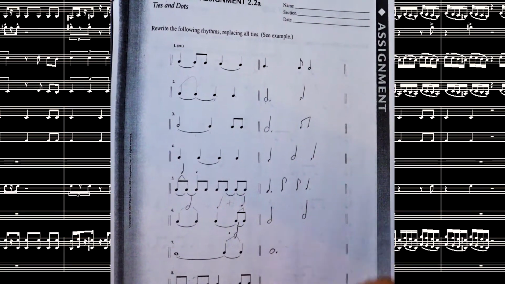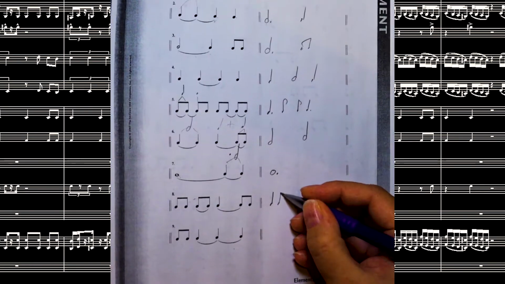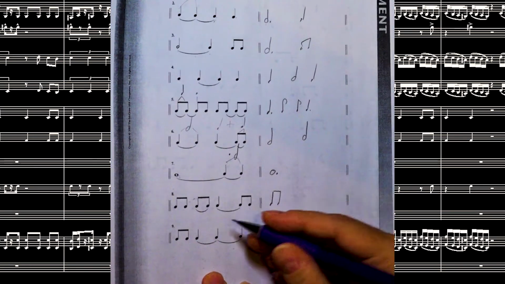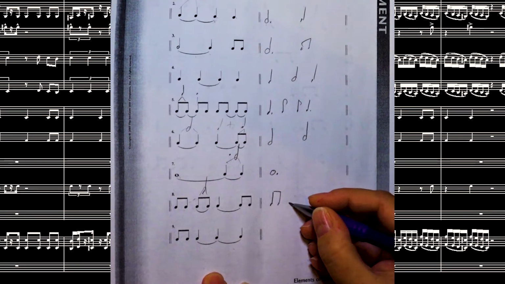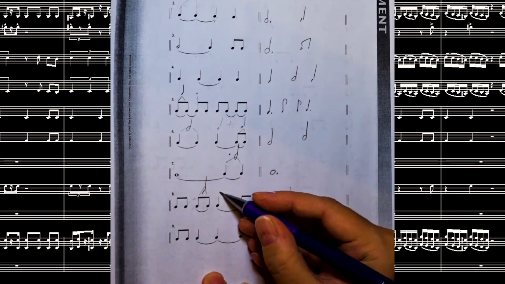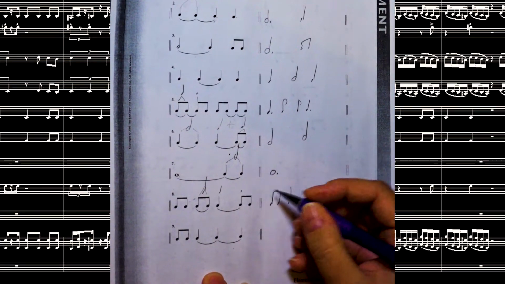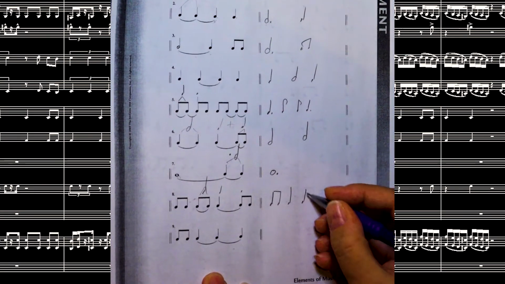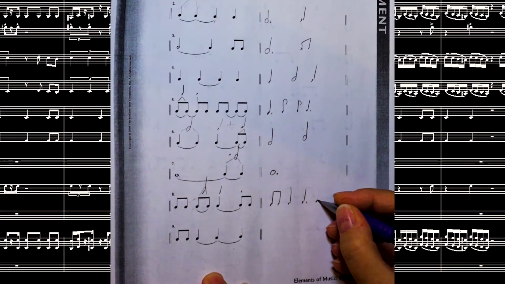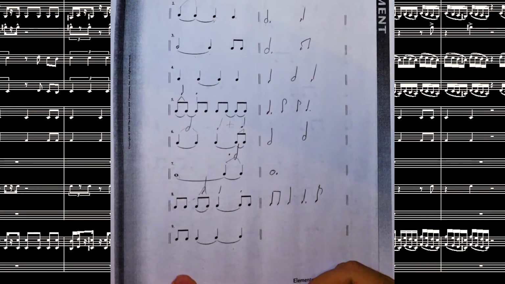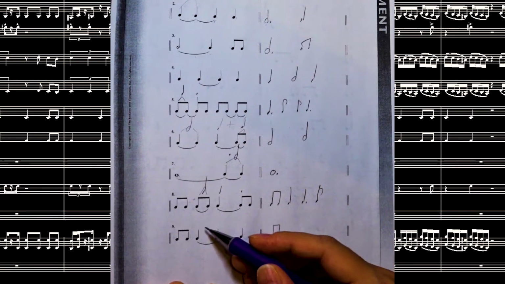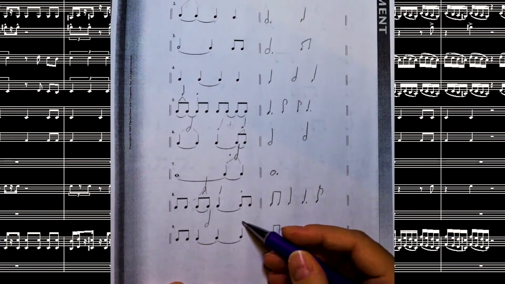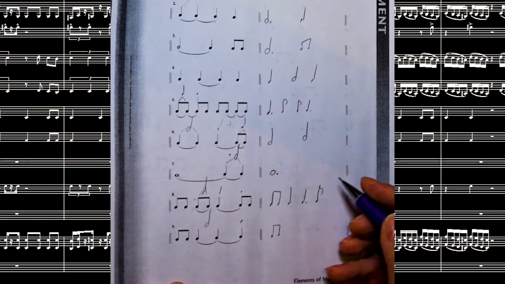So that is the same. 2 eighth notes make a quarter. This makes a quarter plus a dot. And then a standard eighth note. 2 eighths, where these two make a quarter, this one will make a dot.